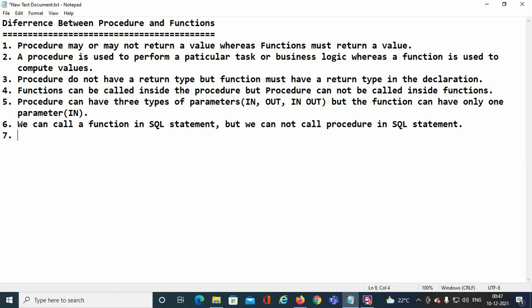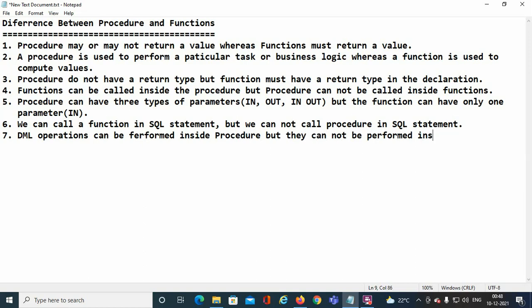Since a procedure executes tasks or business logic of the application, transactional statements and all DML operations can be performed inside a procedure, but they cannot be performed inside functions.